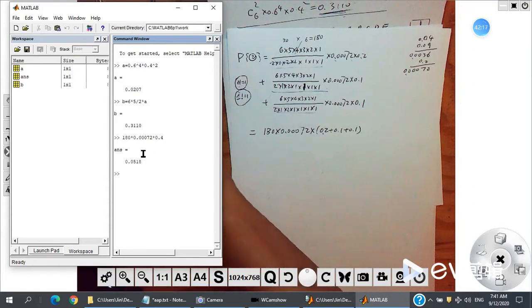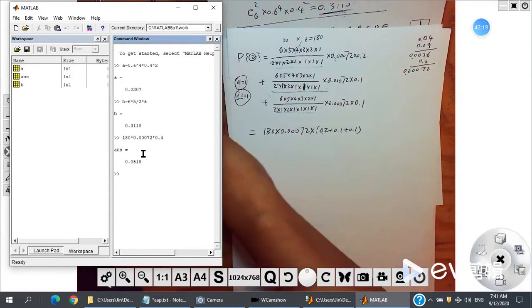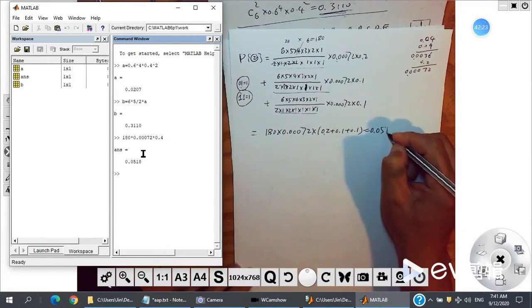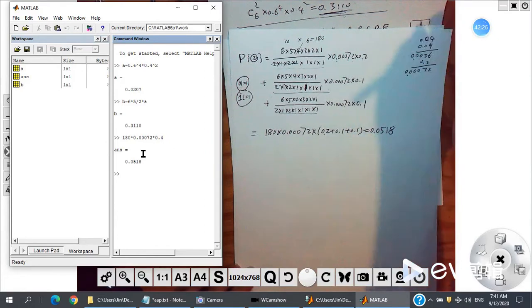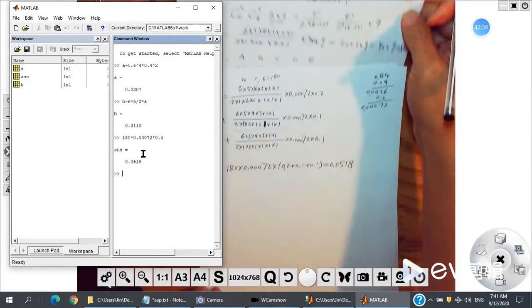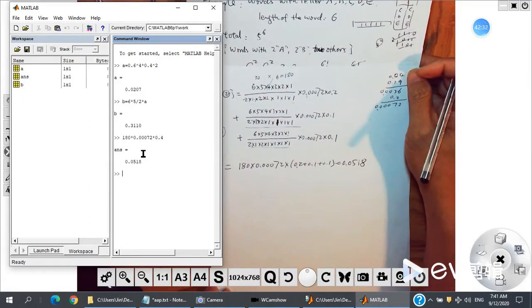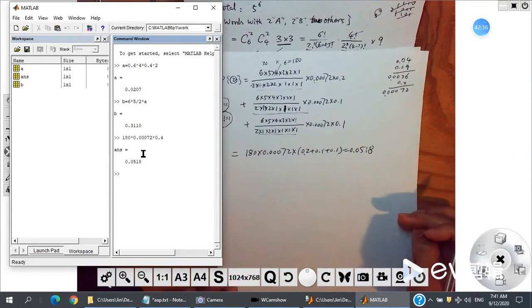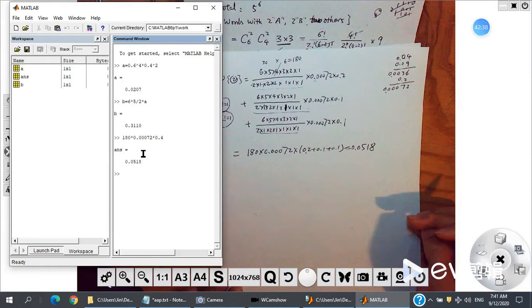Okay, this is 0.051. Oh, it's not too much. This is just 5%. 2A, 2B, and 2 others. It looks like this. The probability. So we have a probability.